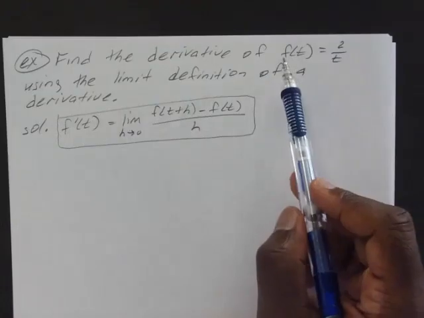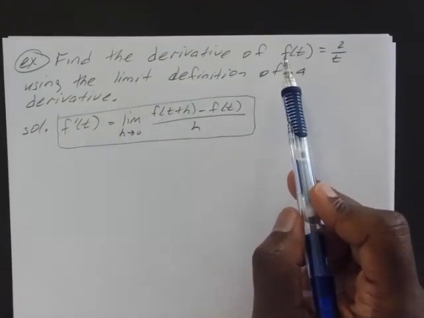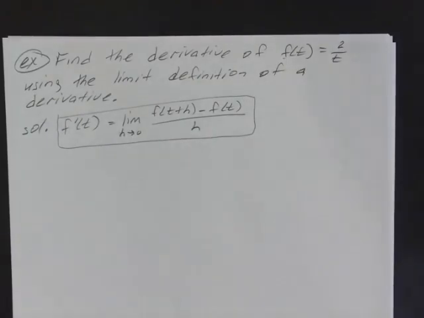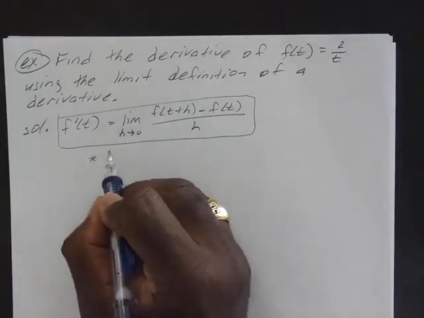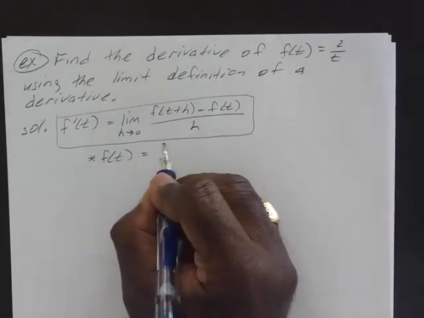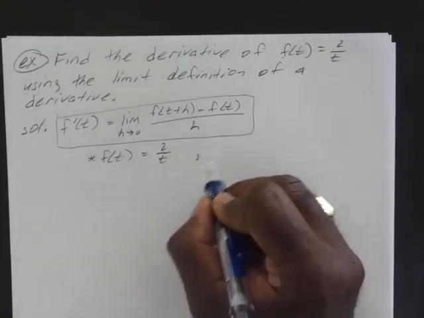Okay, so sometimes the function variable will change. You'll see f of t, g of t, f of h, g of h. That's the only thing that changes. The concept is exactly the same, even if the variable changes. Okay, so we know that f of t was given to us, so that's 2 over t.